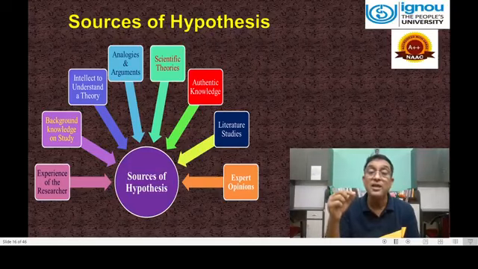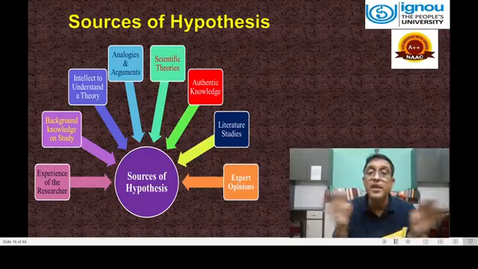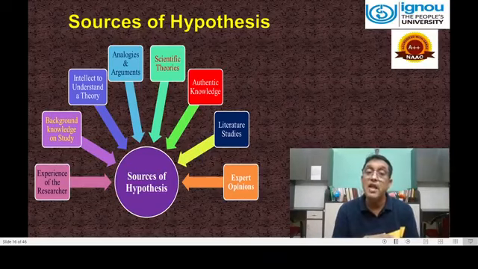So when you went through the review of related literature, you got much experience of what type of hypothesis have been stated earlier in similar types of problems. Then that will give you a type of understanding for stating the hypothesis of your study.